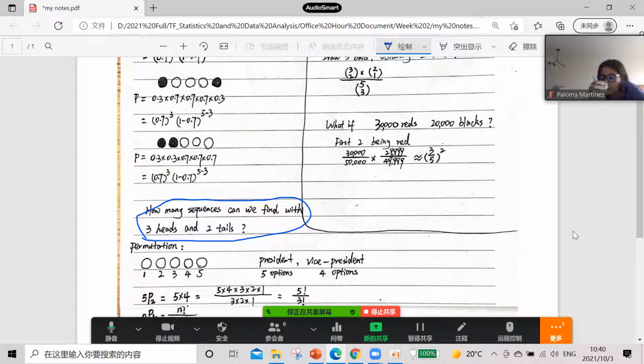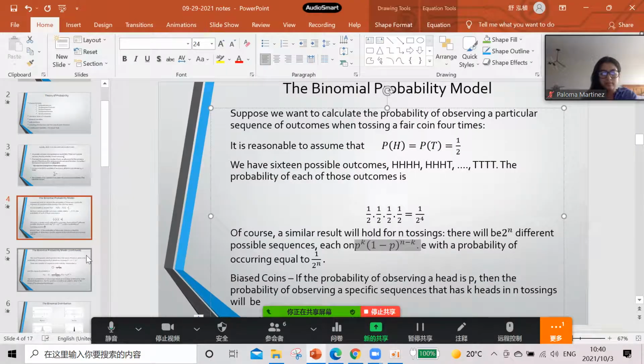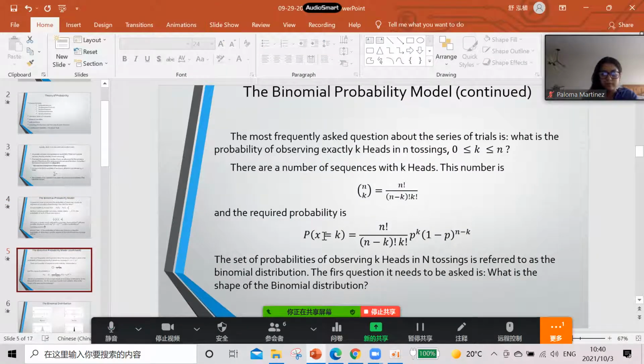But instead, I'm just curious about the probability of finding 3 heads and two tails, right? I don't specify which positions I need to get heads and which positions I need to get tails, and it's very common in real life, those kinds of probability. So the professor gives us this equation, the required probability.